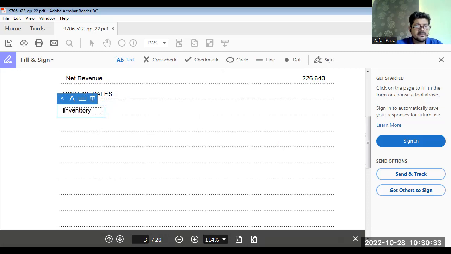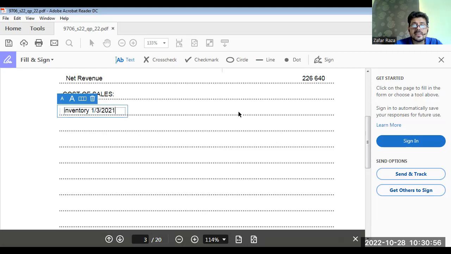Inventory would be almost a year before, so that would be on 1st March 2021.